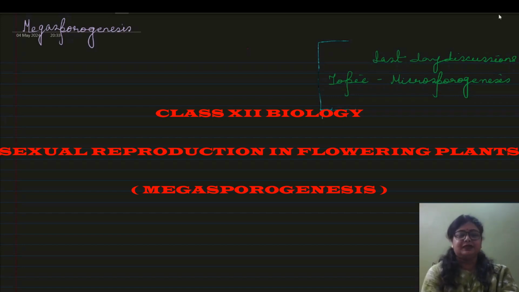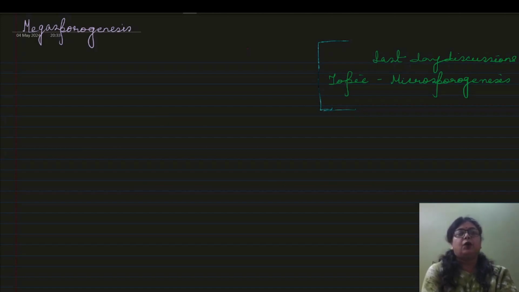As you can see, today I am going to discuss the next topic, megasporogenesis. Last day I had discussed microsporogenesis, where you had seen the formation of the microspore, that is the male gametophyte.